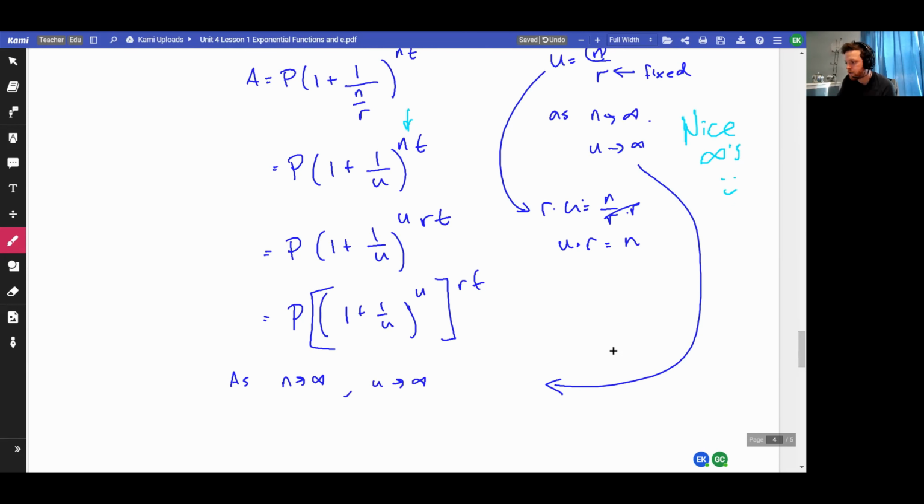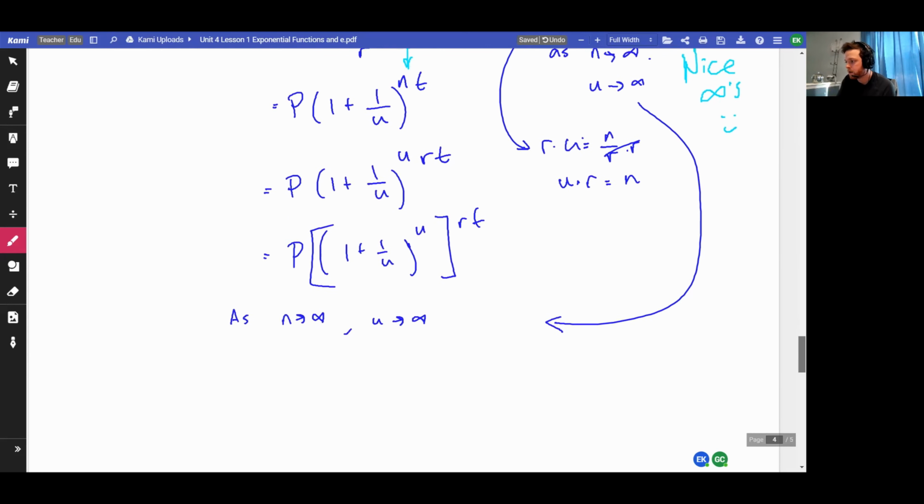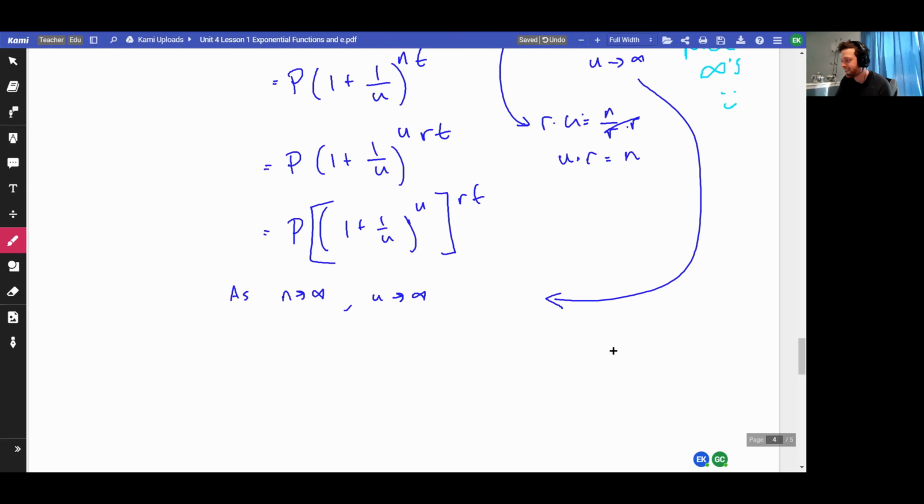So we're sending U to infinity, 1 plus 1 over infinity to the infinity and beyond is e, right? Well, not to the infinity. We can't literally raise things to the infinity. It's not a number. But as we get closer and closer to infinity, we're getting closer and closer to this value e. This baby concept of a limit. So this thing is e to the rt.